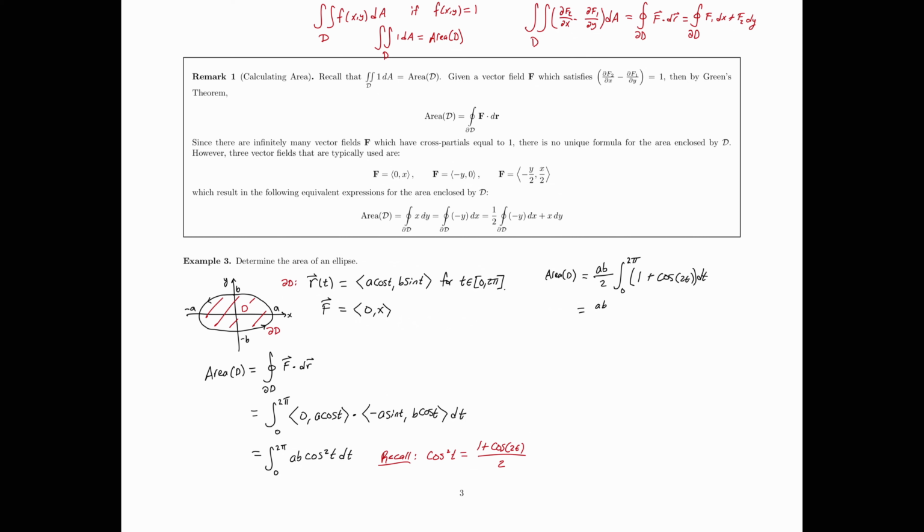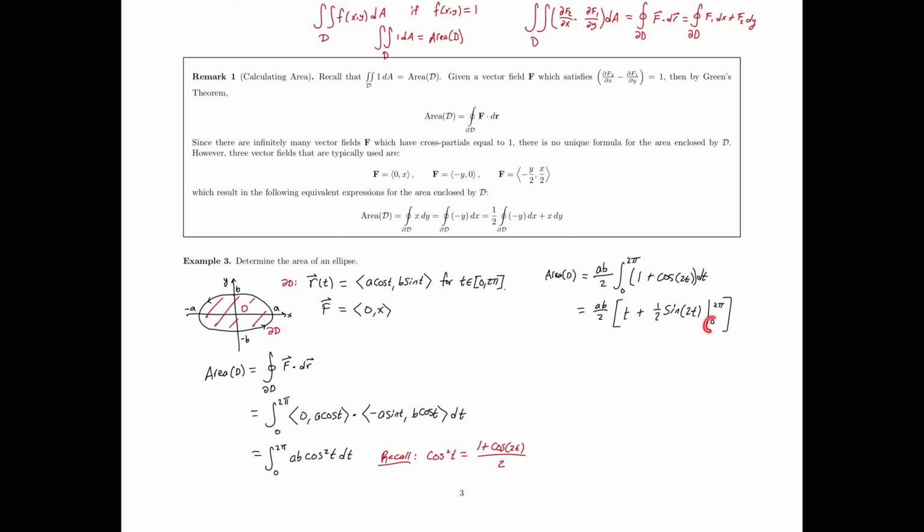So ab over 2, we integrate this and we get t plus 1/2 sine of 2t, between 0 and 2 pi. Hopefully you're getting familiar with these kinds of integrals. Any whole number multiple of pi, when you plug that into a sine function, it spits out 0.